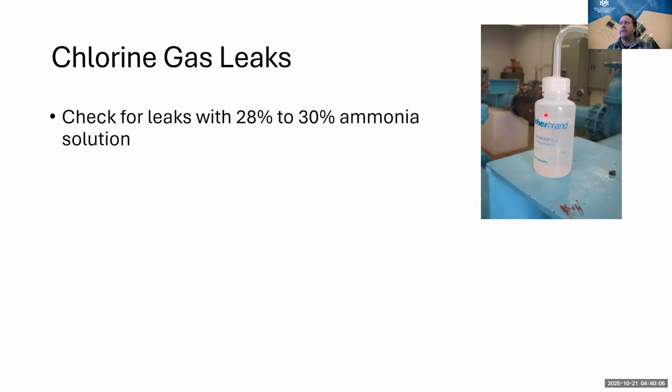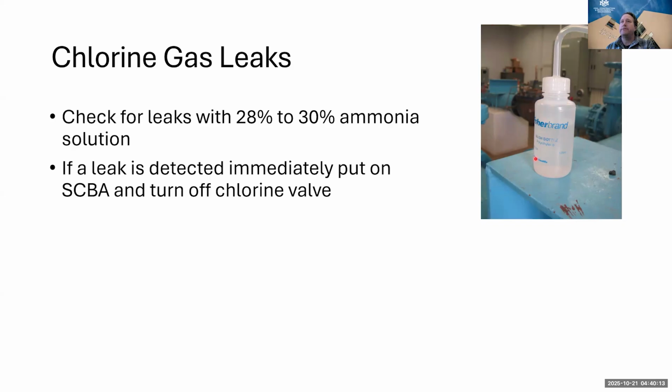It's not a super great system here because, if you'll notice, they didn't label what's in the bottle, so we have no idea that this is the ammonia solution. If there is a leak, the ammonia is going to emit a white vapor. That will indicate a chlorine gas leak.